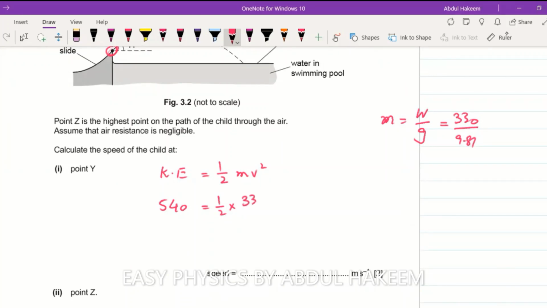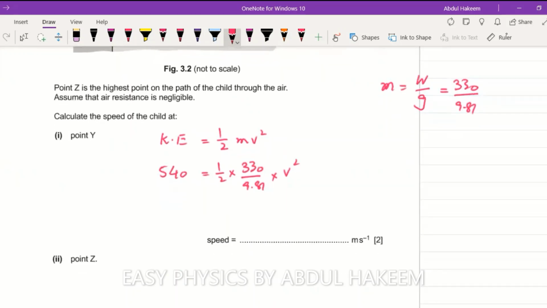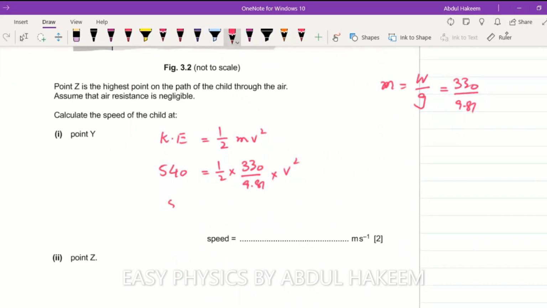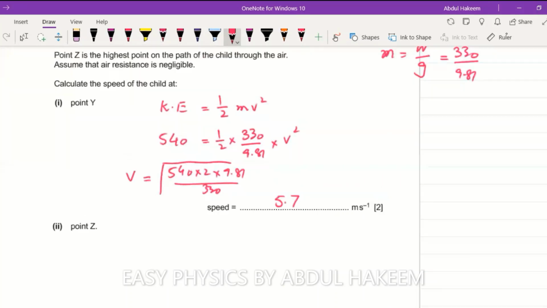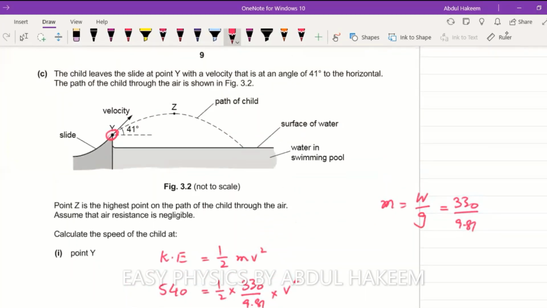So 540 equals 1 by 2 times 330 divided by 9.81 times v square. Now we can calculate this. So v is the square root of 540 times 2 times 9.81 over 330. This is the speed at Y, and after the calculation, it will be 5.7 meter per second. So this is the speed when it leaves the point Y.